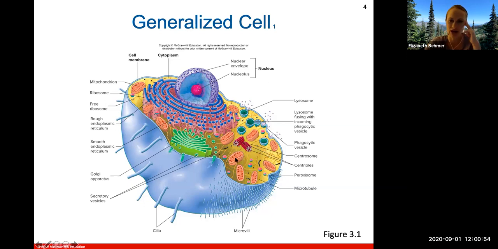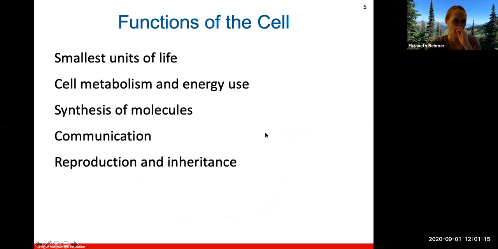You have lysosomes. You have different vesicles taking things into the cell and out of the cell. You can have free-floating ribosomes, just floating in the cytoplasm. You have centrioles. So a lot of stuff goes on inside the cell, and we'll go through them now.